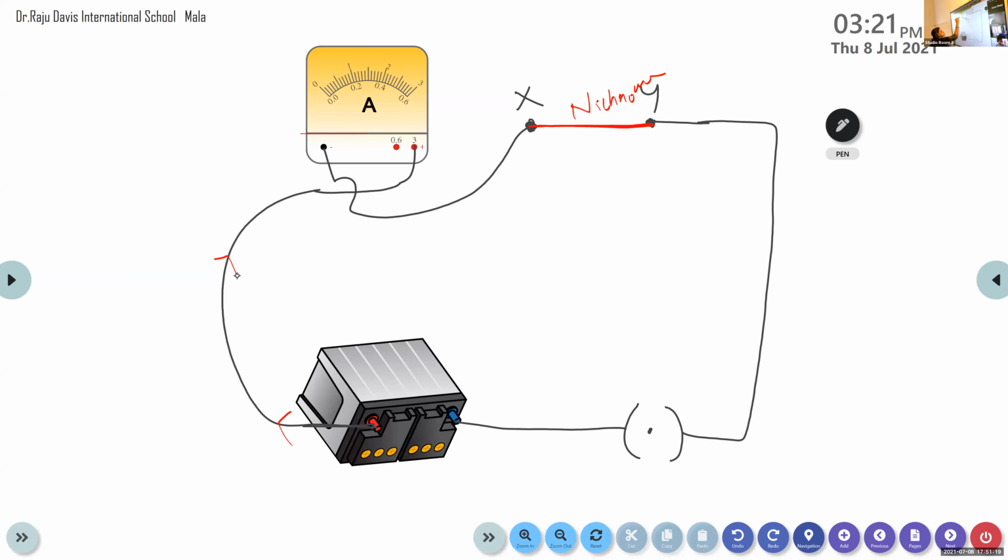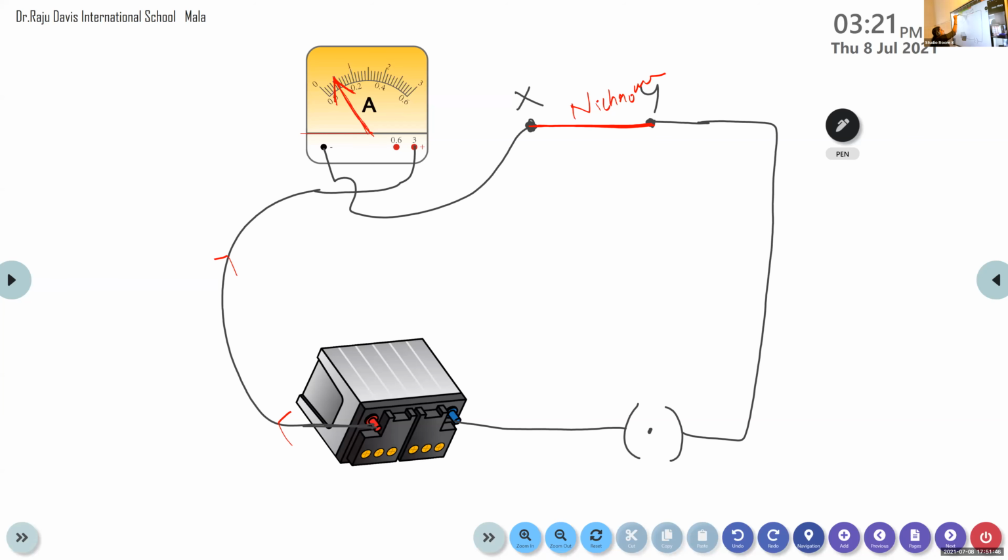Suppose, students, we measure the value of current here. The meter pointer is pointing towards here. This is in milliampere, here 0, 1, 2, 3. It is pointing between 0 and 1, that is 1 by 2 or 0.5, right?